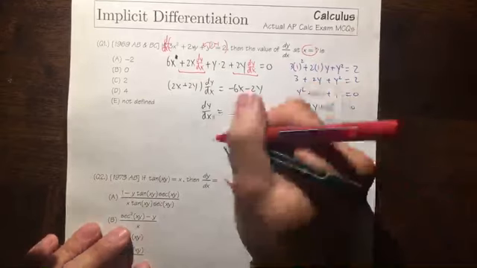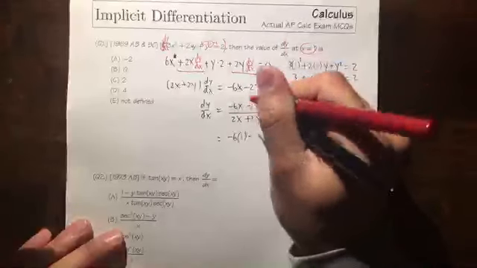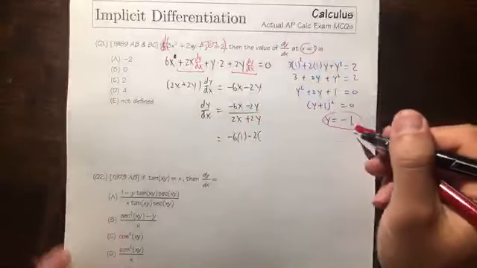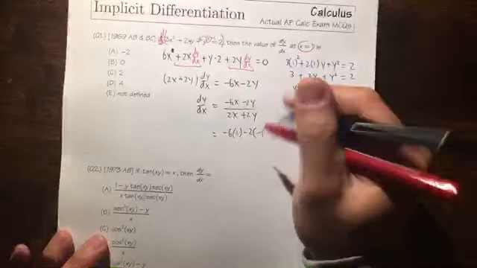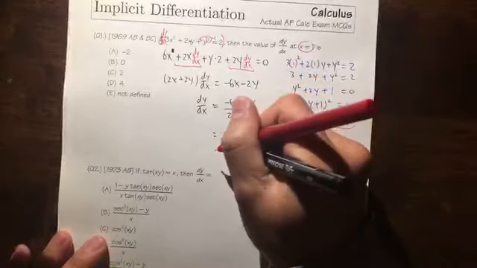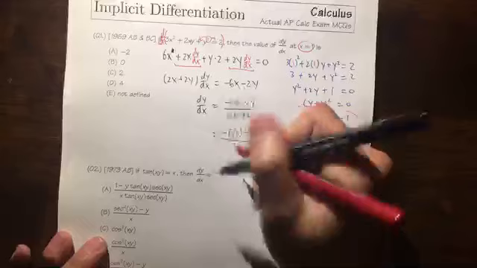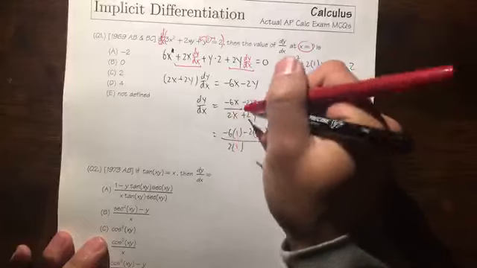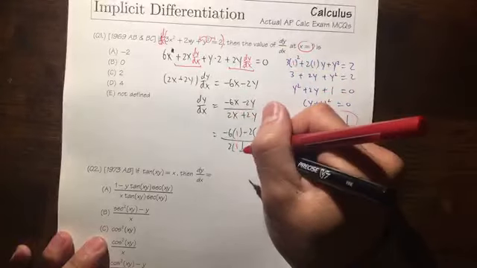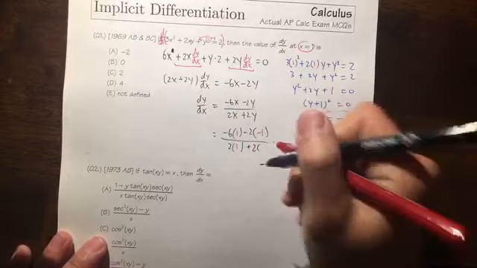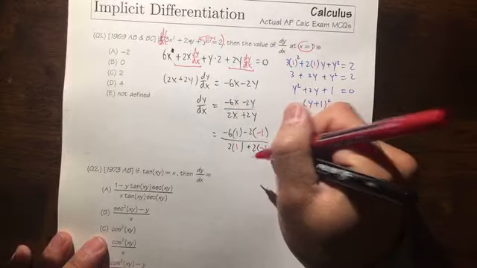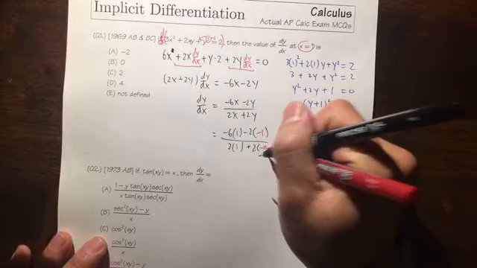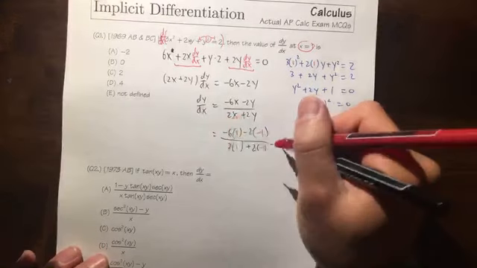And yes, I know I can reduce the fraction, but I'm not going to because it doesn't really matter. And in the end, you'll see the tricky part about this. Plug in negative 1 for y, and then on the bottom, 2 times x is 1, plus 2 times y, which is negative 1. If you would like, you can work out the top.